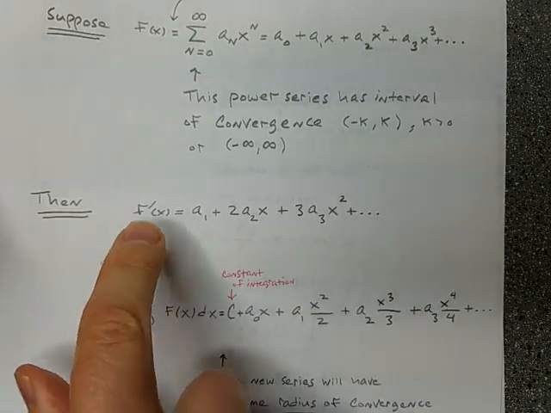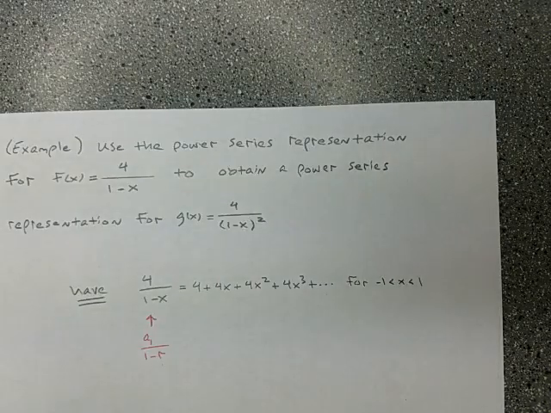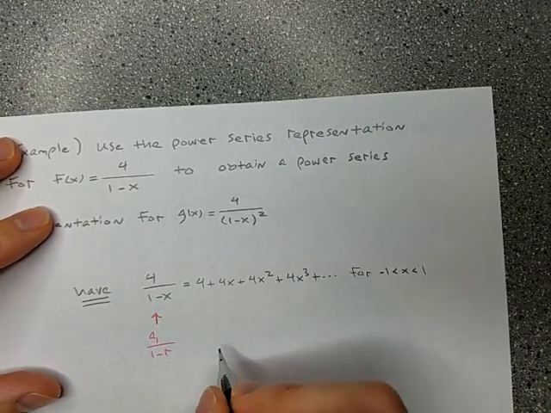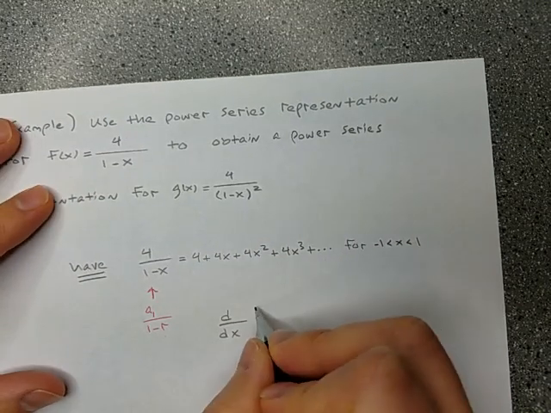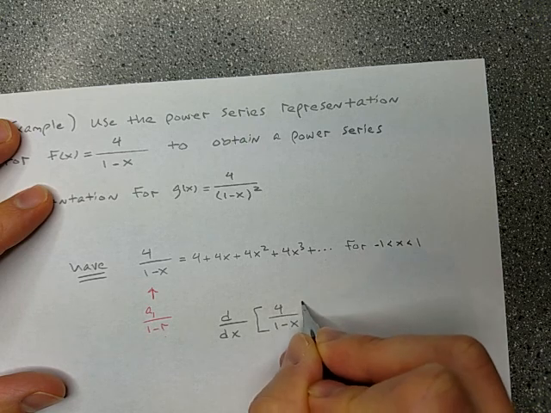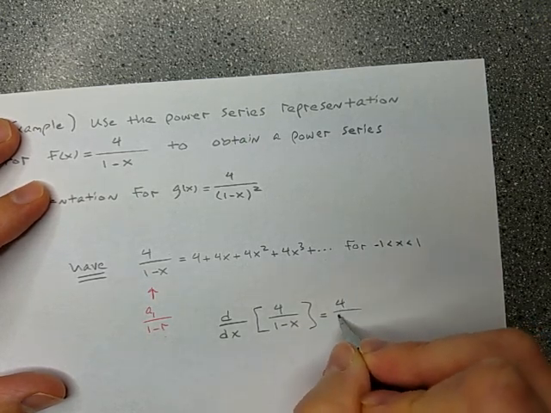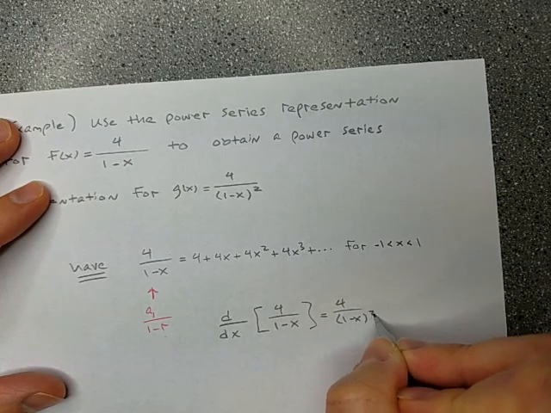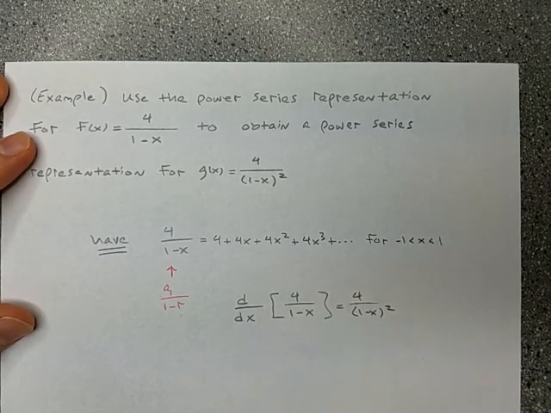You could differentiate or integrate to get another statement. So let's say I have this, and then I notice something. The derivative with respect to x of 4 over 1 minus x is 4 over 1 minus x squared. True statement. If you take the derivative of this, you get that.